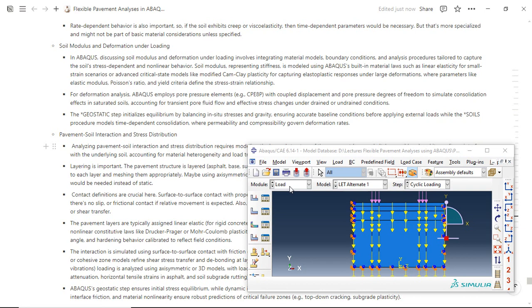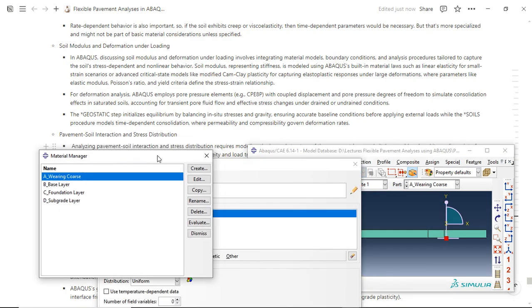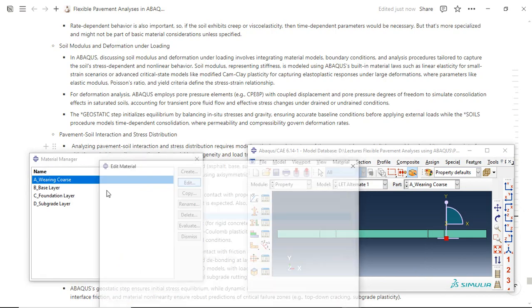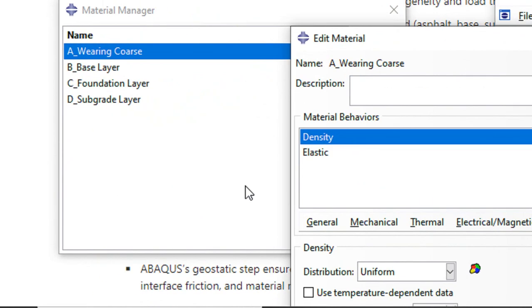Okay, now in this lecture I will discuss the soil modulus and deformation section under the loading. So again I will go to the properties and I will discuss this.